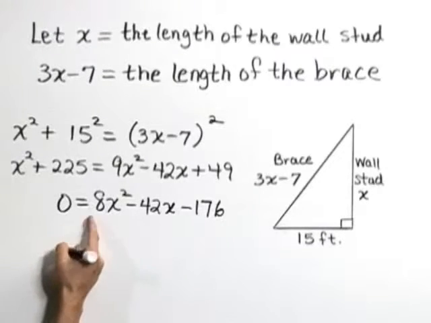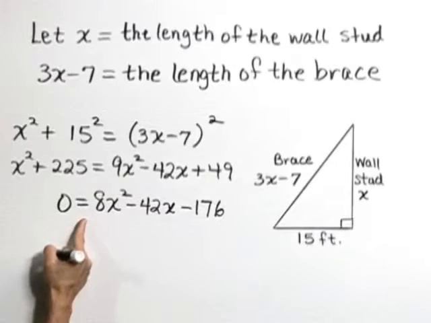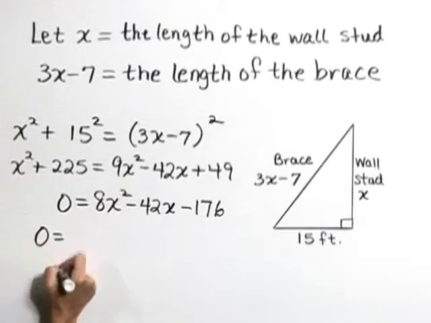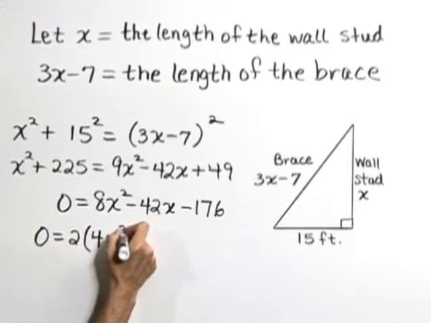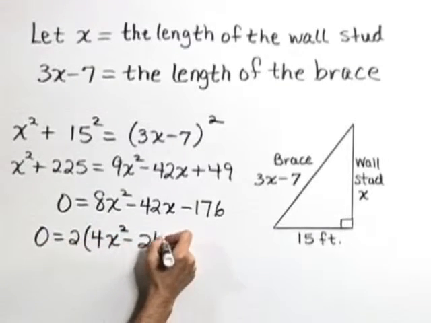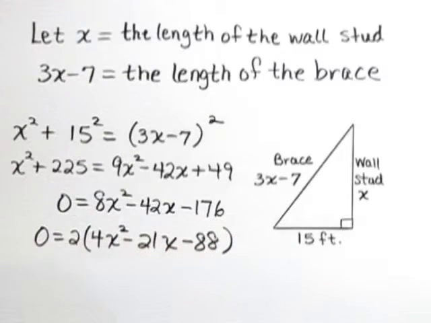Now let's factor. Each of these terms is even, so let's start by pulling out a greatest common factor of 2. So 0 is equal to 2 times 4x squared minus 21x minus 88.